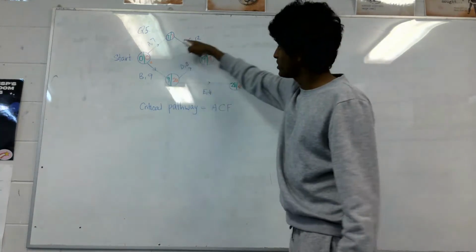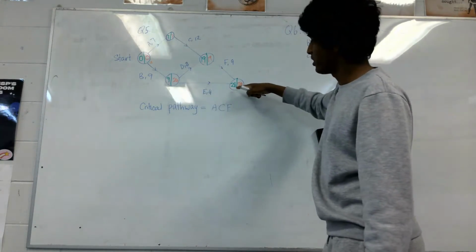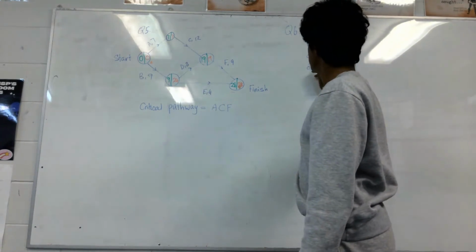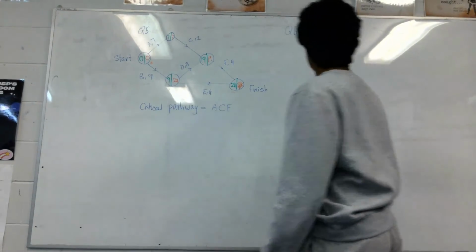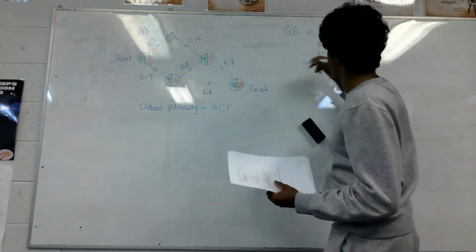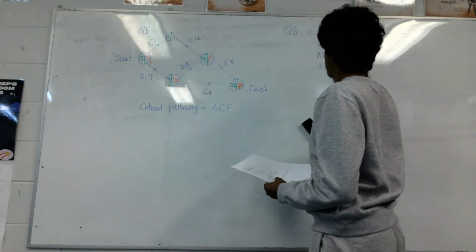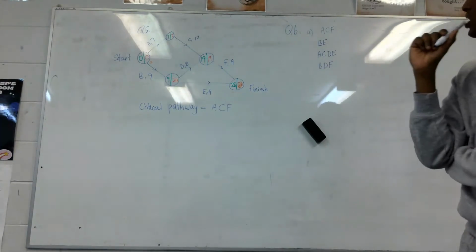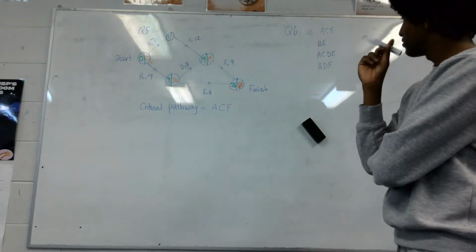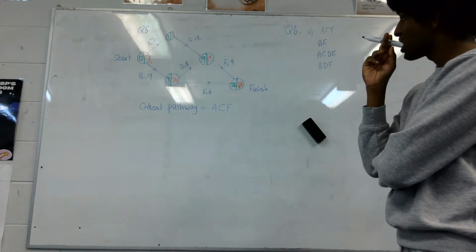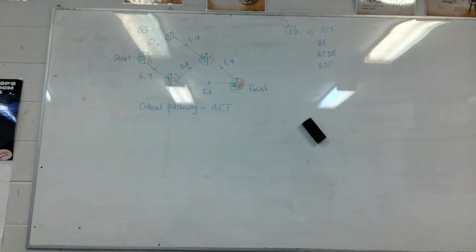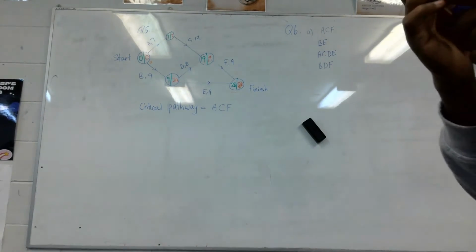We can go A, C, D, E. We can go B, D, F. Those four options are all the possible pathways I can go.